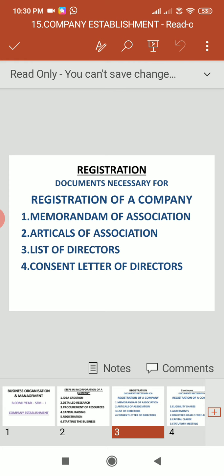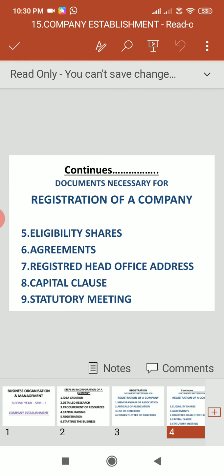Really, it is the lengthiest, costly, expenditure-oriented process. The registration process is lengthy and costly. Even then, once the company is established, it goes on for a long time. It stands forever.